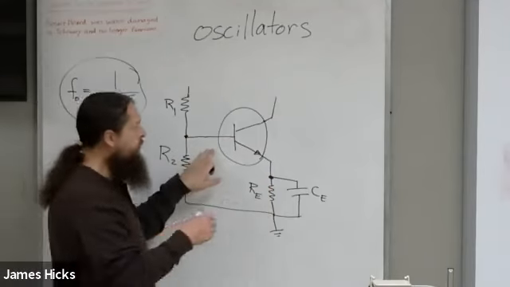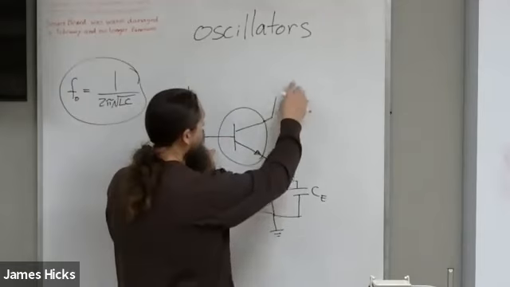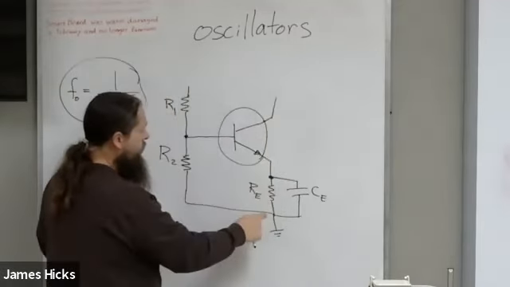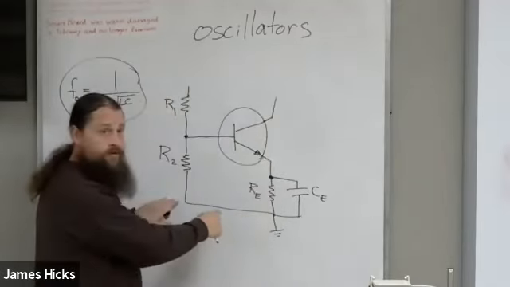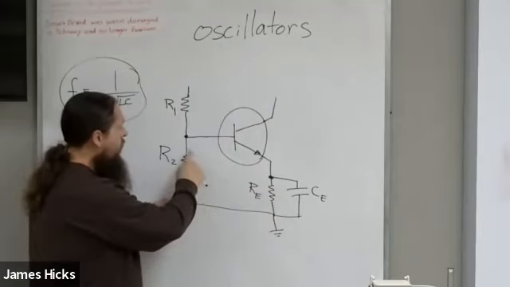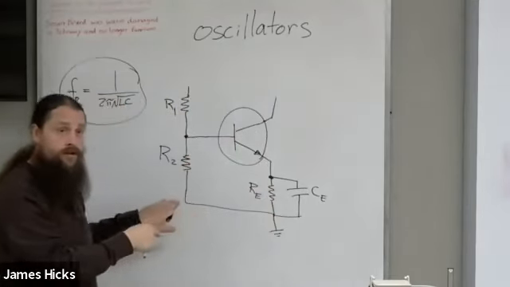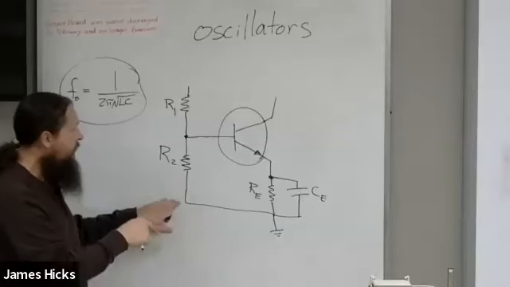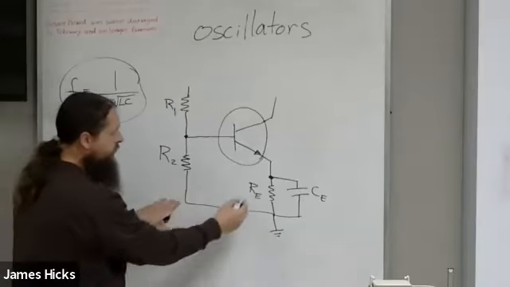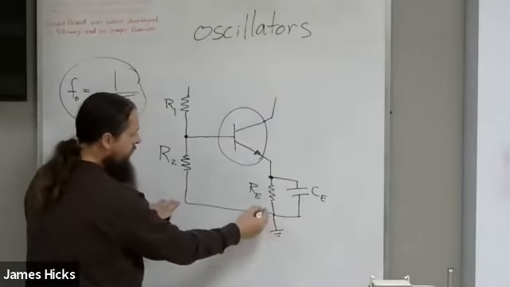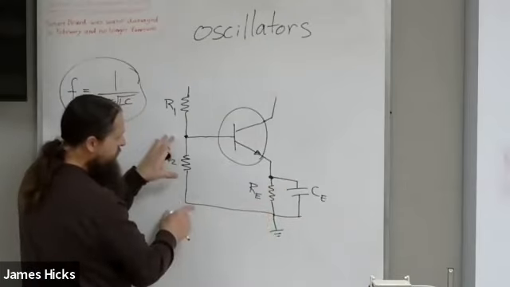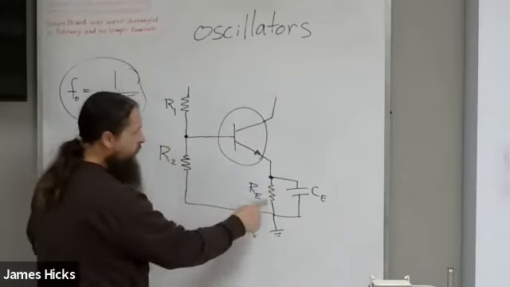What's bad though is if you have an oscillating signal being negatively fed back here, that decreases the stability. So what we want to do is only let DC bias feed back.